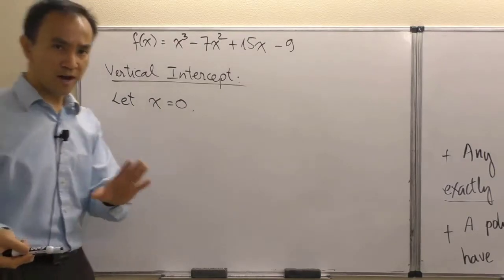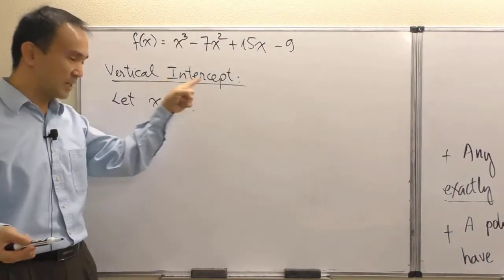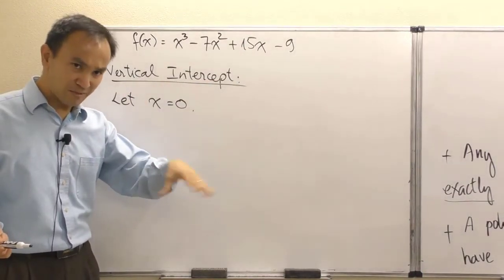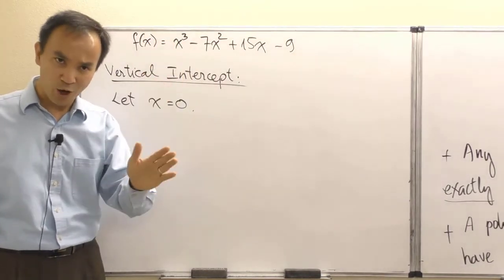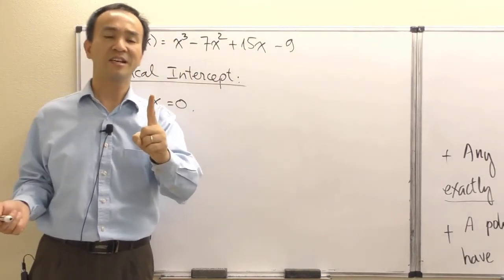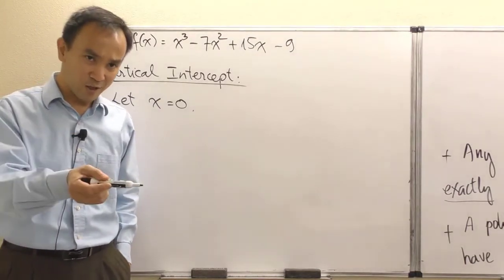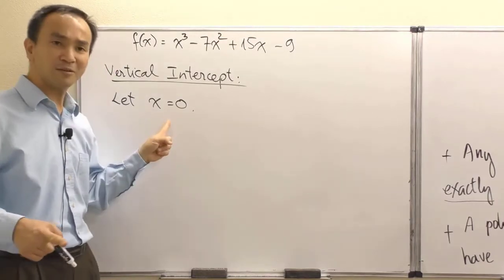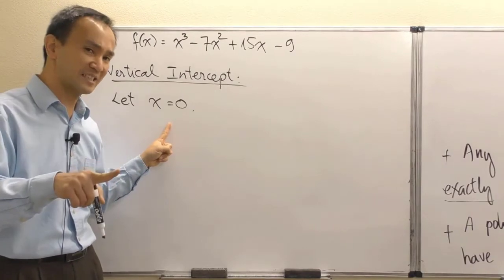Along the way, I am introducing the technique to find the vertical intercept, and it's the easier one, so allow me to introduce it first. Like I said earlier, any polynomial will have exactly one vertical intercept, and we only find that at x equals 0. That's why I'm going to start out by purposely letting x equal 0.